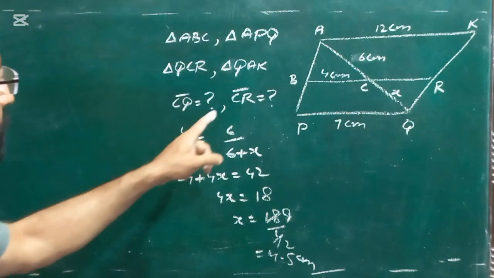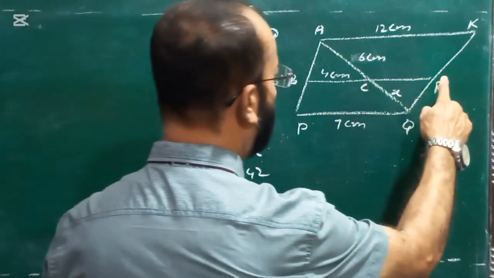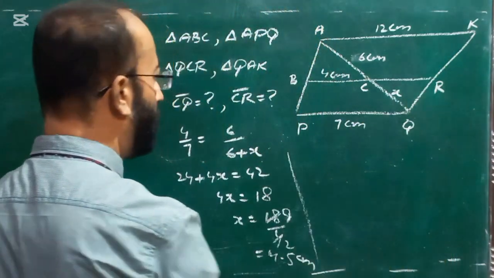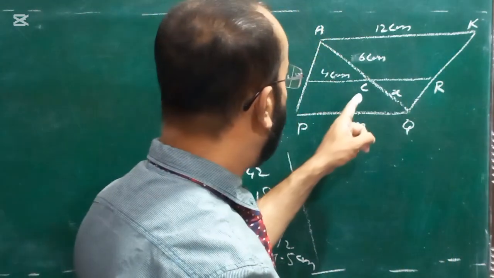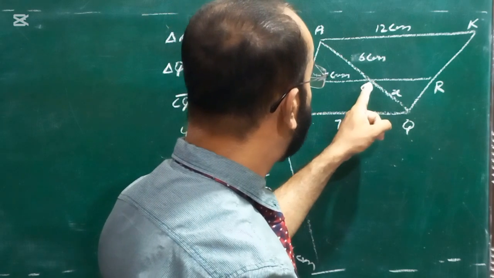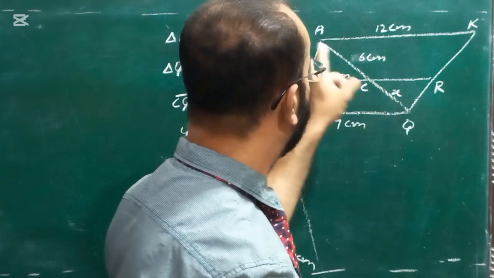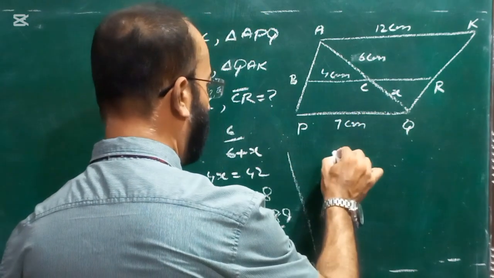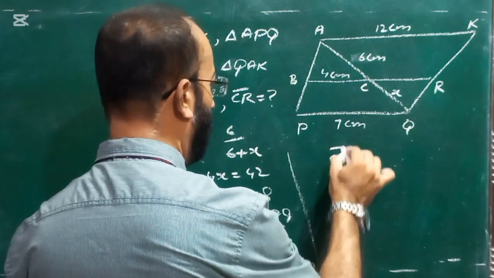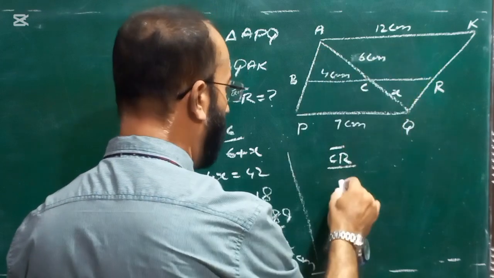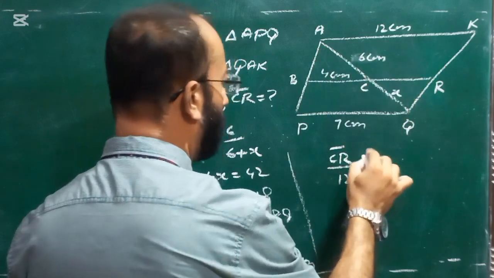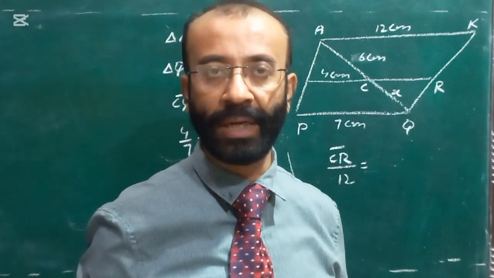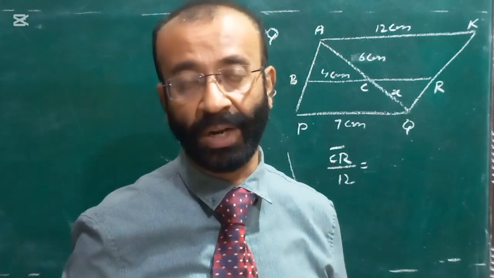Next requirement is to find the value of CR. So this is CR. Now we are moving to this other figure. Again, if we move from smaller to larger, that is CR over AK, that is 12. It is not necessary to move from smaller to larger. You may move from larger to smaller as well.